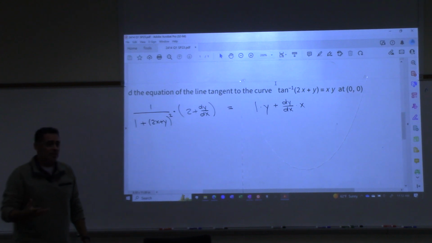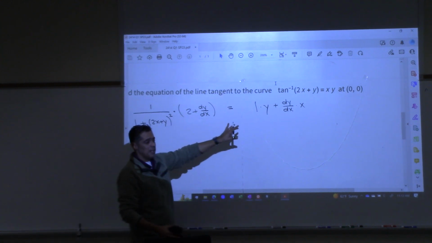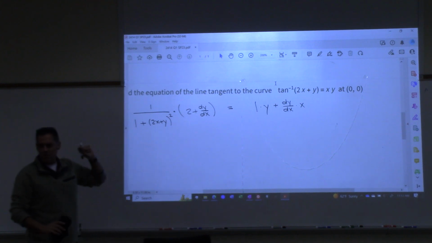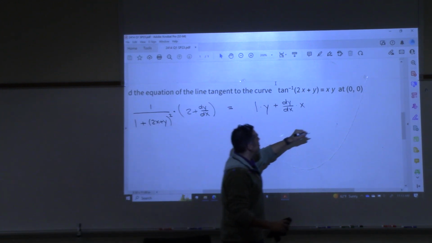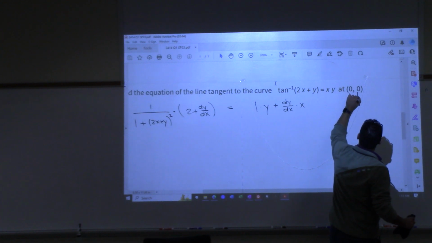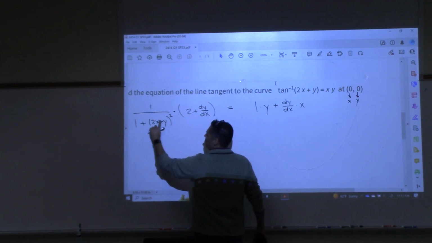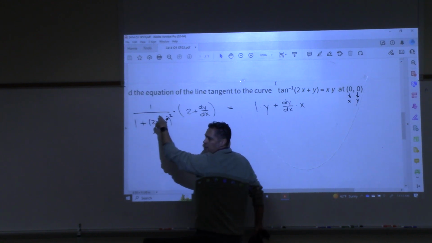Now you need to find the value of dy/dx at the point (0, 0). You could try to solve for dy/dx here, but I suggested in class that you don't do that, and that you just plug 0 in for x and 0 in for y. So I replace all my x's and y's with 0, and 0 squared is 0, and 0 plus 1 is 1, so this whole thing is 1.